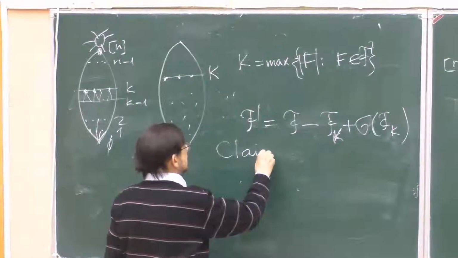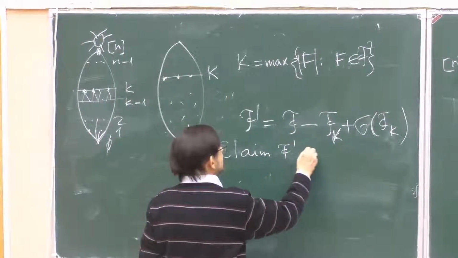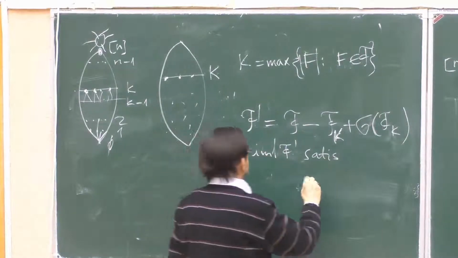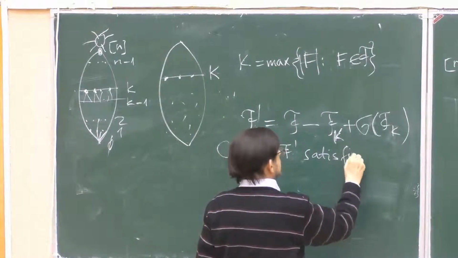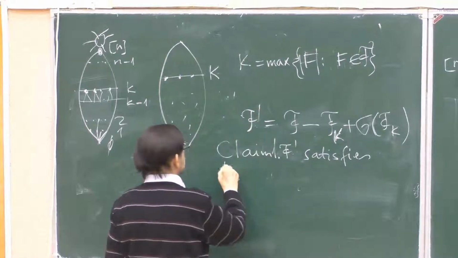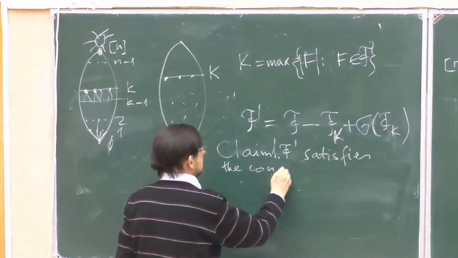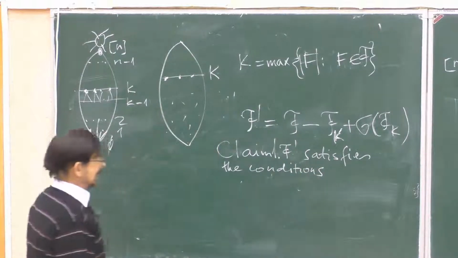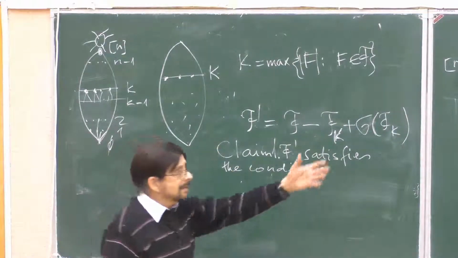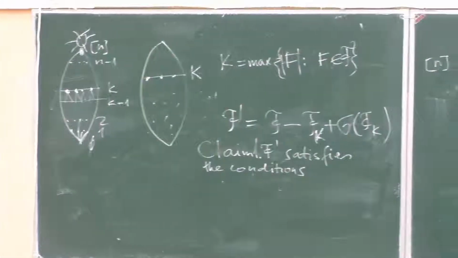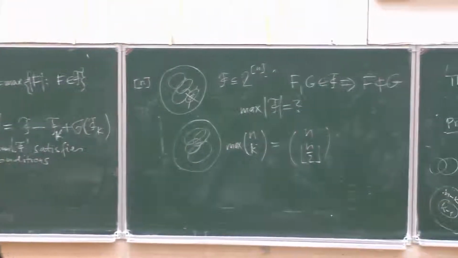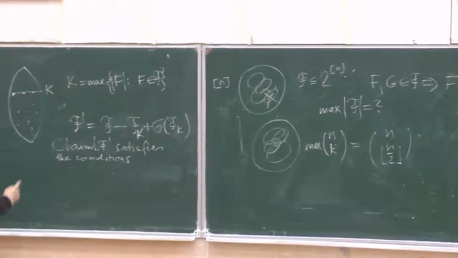Claim: F prime satisfies the conditions. I think grammatically you have to say conditions, but there is only one condition, namely this one. So why?